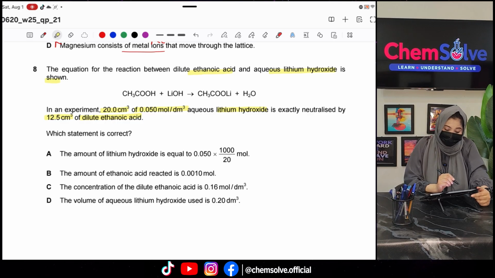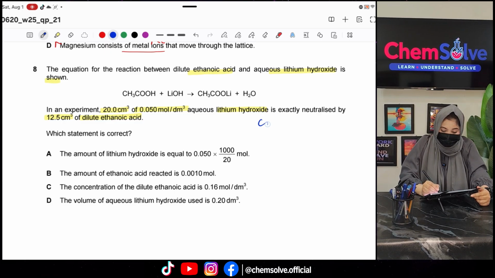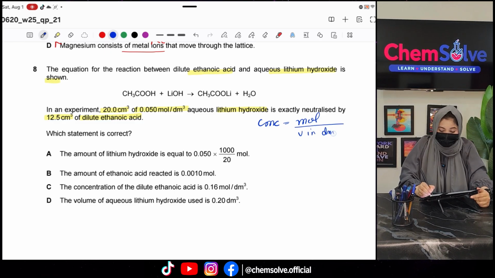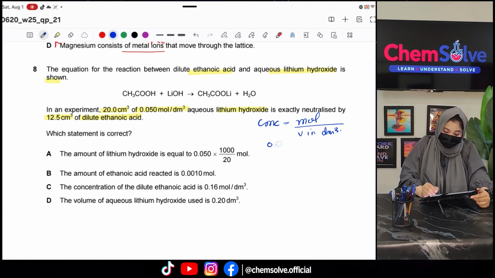The amount of lithium hydroxide is equal to this. So we need to use a formula here, and that is concentration is equal to mole over volume in dm³. So for option A, concentration is 0.050, amount, mole, we have to find out.